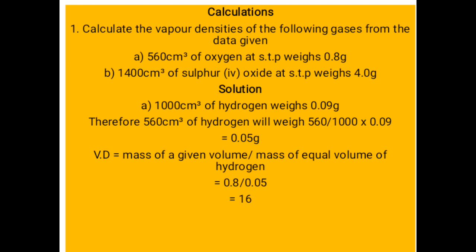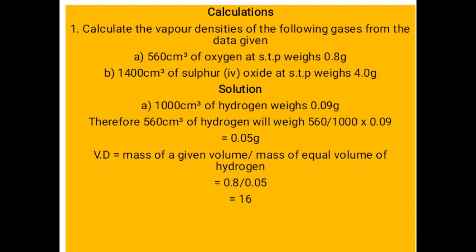Are you with me? From what we know, 1000 centimeter cube of hydrogen gas will weigh 0.09 grams, which everybody knows. Then 560 of hydrogen will weigh what? If less, more divide. You multiply 560 by 0.09 divided by 1000. Punch in your calculator, you have 0.05 grams.